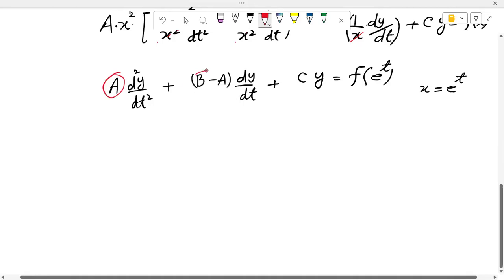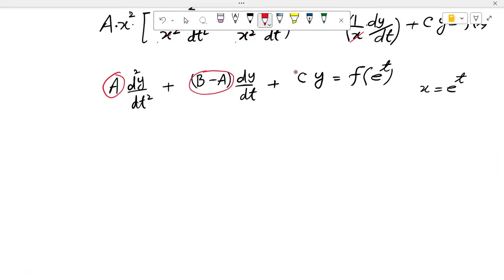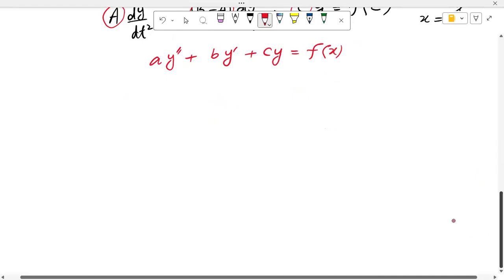So we have the coefficient of second derivative, first derivative, and the variable, the dependent variable y with coefficients as constants. So the form has become similar like the constant coefficient equation ay double prime plus by prime plus cy equal to, say, f of x, so we know we can develop the auxiliary equation.